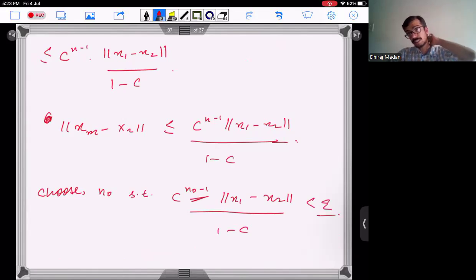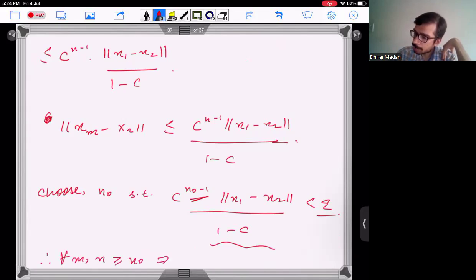Right? Since this is an exponentially decreasing term, I can always pick some n naught such that this particular ratio is less than epsilon. And in that case, for all m, n greater than or equal to n naught, we have that the norm of xm minus xn is less than epsilon. So essentially we have proved that this is a Cauchy sequence if T is a contraction mapping.